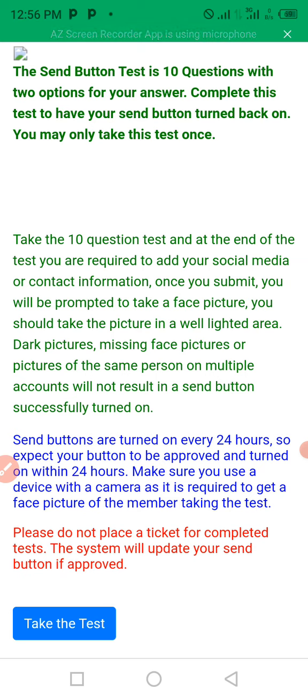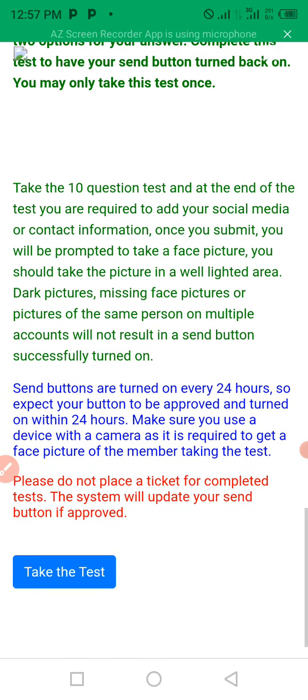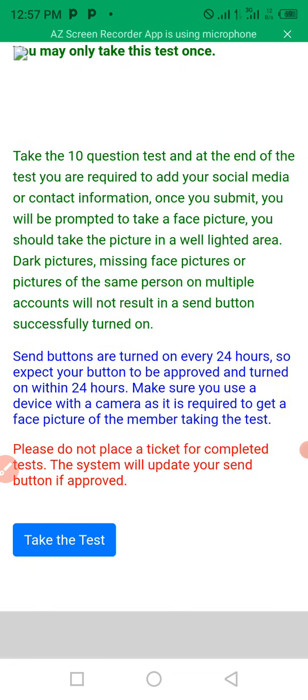Once you submit, you will be prompted to take a face picture. You should take the picture in a well-lighted area. Dark pictures, missing face picture, or pictures of the same person on multiple accounts will not result in a send button successful turn on. Can you see?